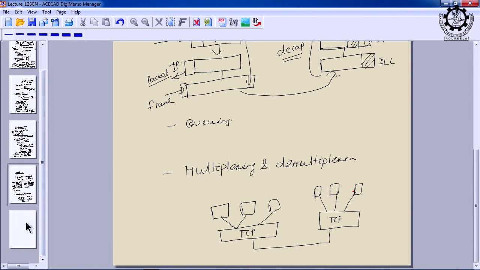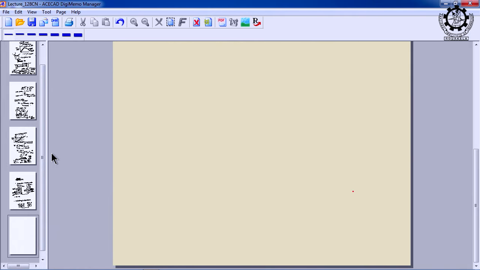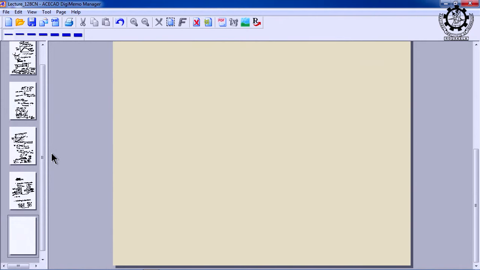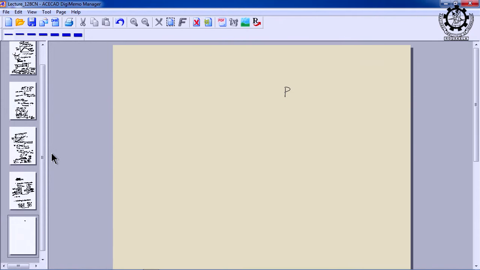Other than those services, TCP also provides some extra features. One of them is the pushing of the data, the push service. You remember there was a flag in the header, PSH, right? So what is the push service provided by TCP?